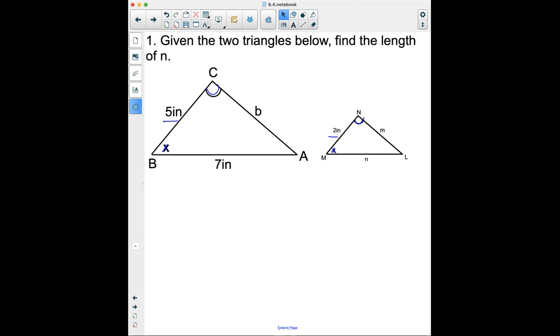So let's find the scale factor first. Let's call this one the new over here, and this is the old. It doesn't really matter as long as we're being consistent. Remember, the scale factor is new divided by old.